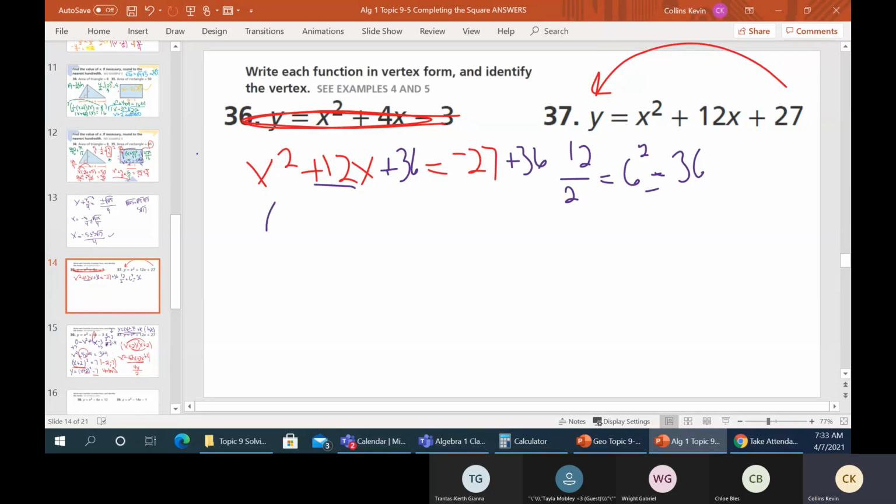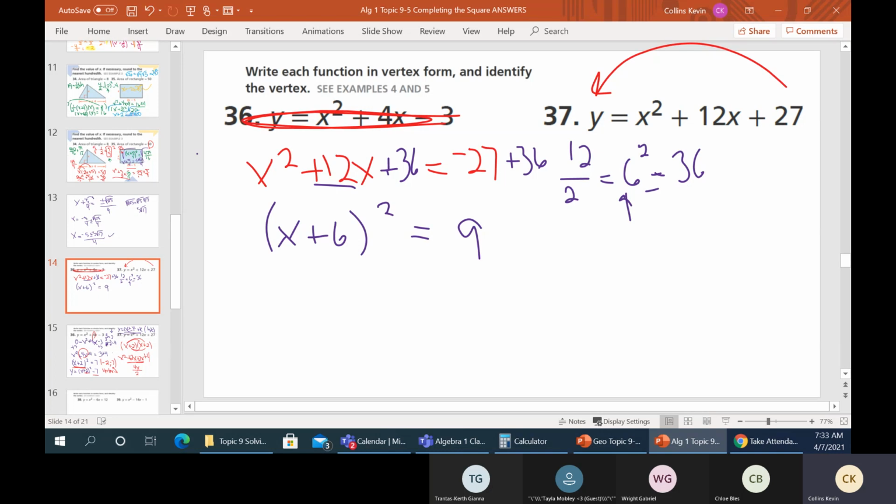All right, so again, the reason we add that 36 is we want it to be x plus or minus some number squared, right? And the number we use again is the number right after we divide by 2, so this can be x plus 6 squared. And over here we get 36 minus 27, I think that's 9, right?